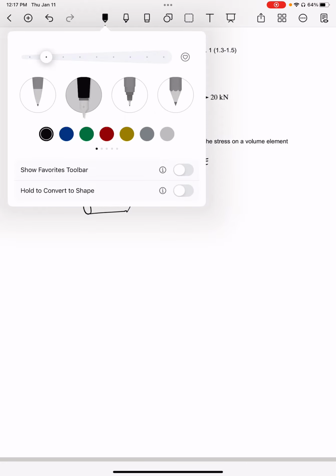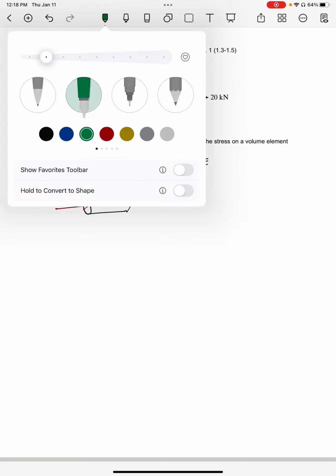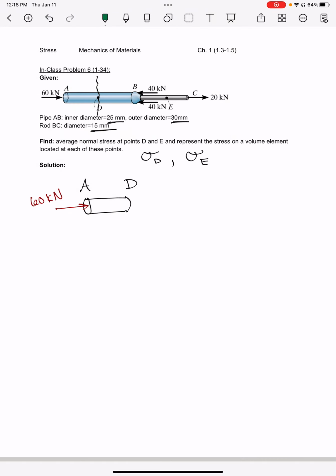A. We have a 60 kilonewton force at the end. And I guess we have the dimensions of it. Actually, they don't give us the dimensions of it. I don't think it ends up mattering.